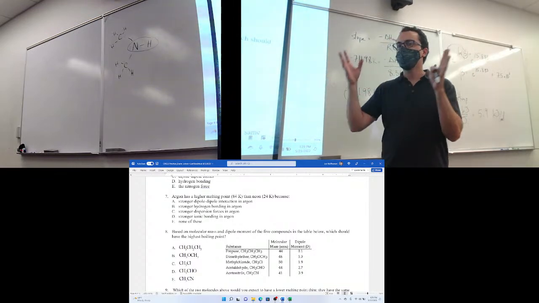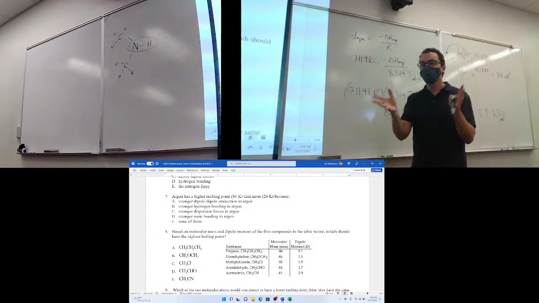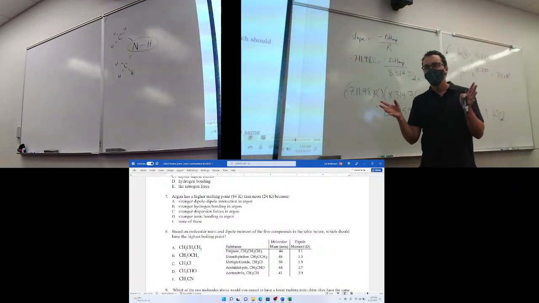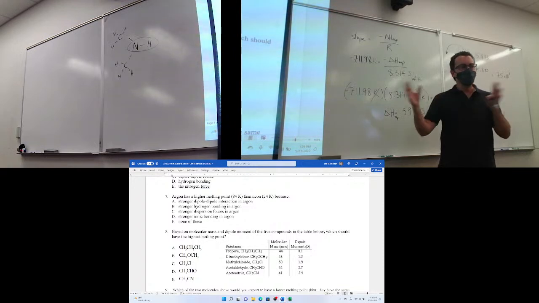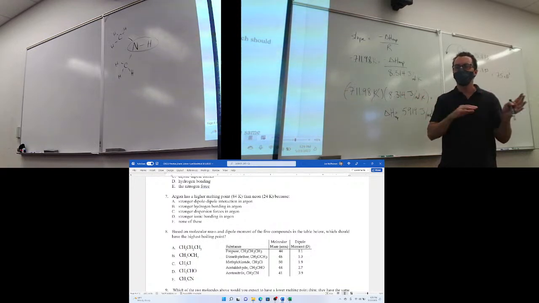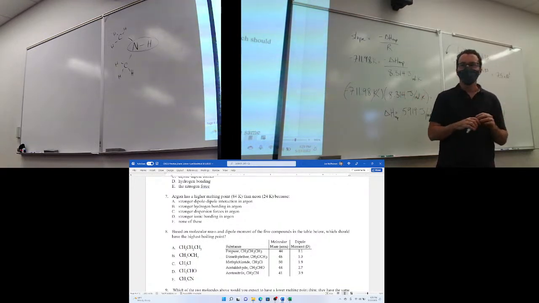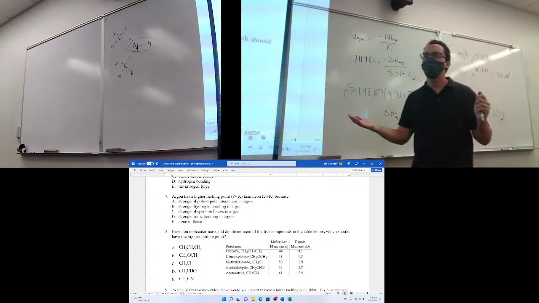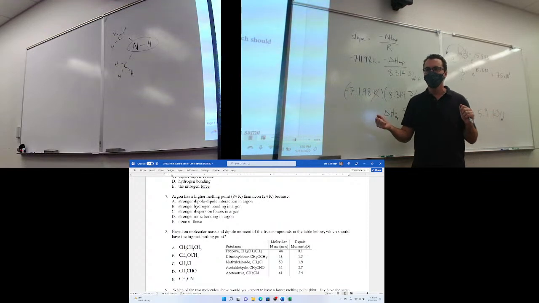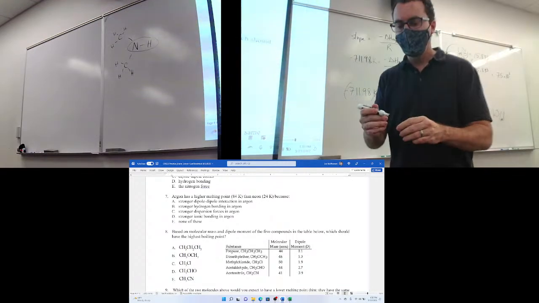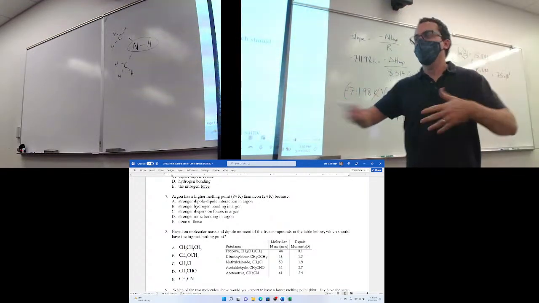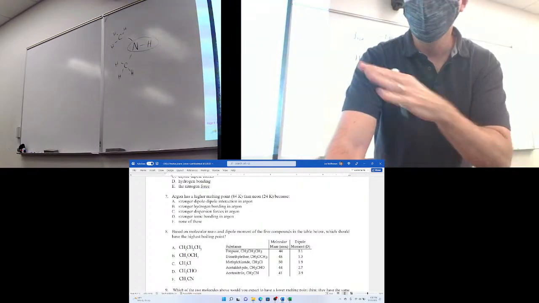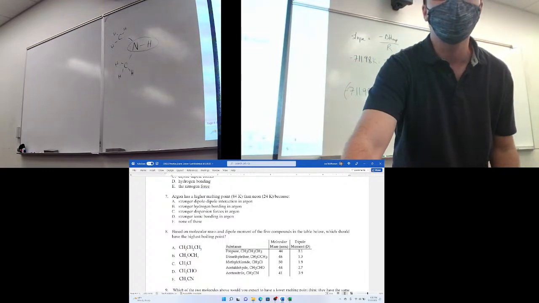Neon's valence electrons are in shell 2. Those shell 3 electrons are what we call more polarizable. They are more loosely held, easier to influence, easier to distort. All right, and so the bigger the atom gets, the more polarizable its electrons are going to be. Okay? And that's why we say molecular weight, because the higher the molecular weight, the bigger the atom is going to be. But it's specifically because of those electrons on the outside.